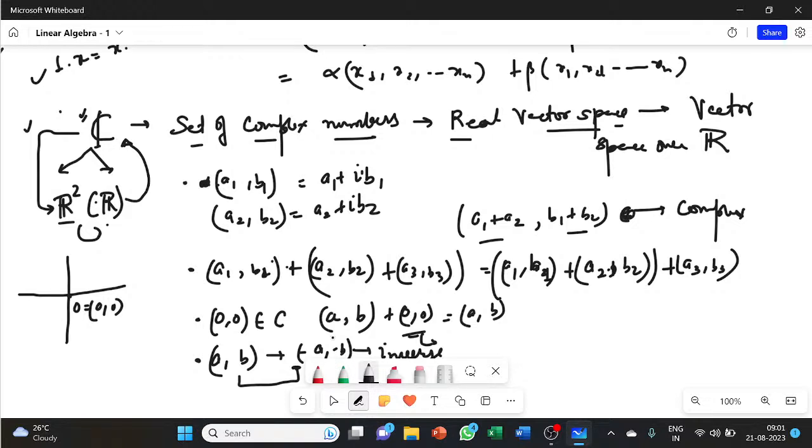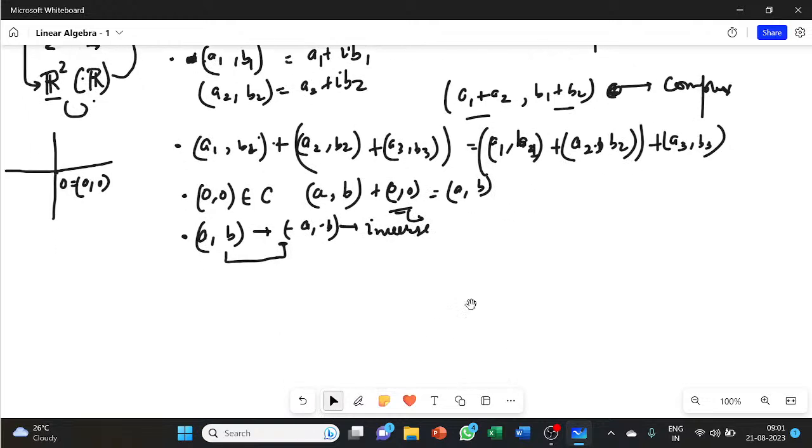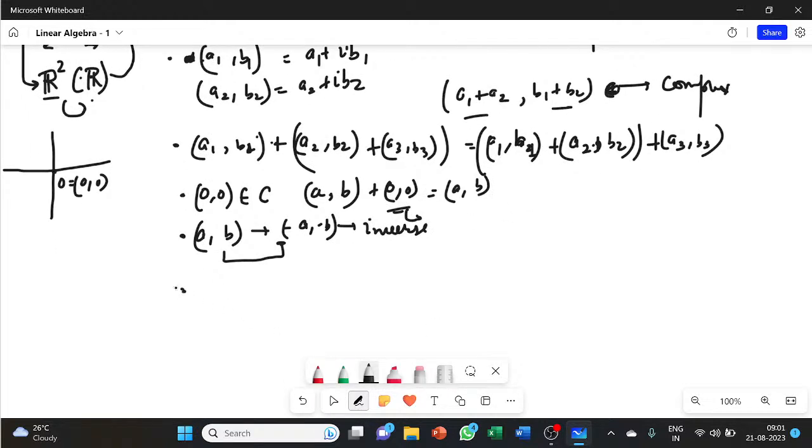All these properties are verified, and similarly you can verify the other properties with respect to scalar multiplication also. If alpha is a scalar, a real number, and I multiply it with a plus iota b, it will give me alpha a plus alpha iota b. What does it imply?